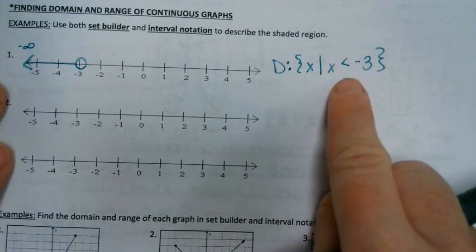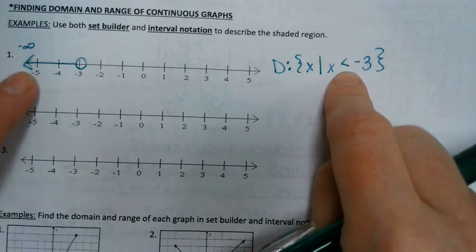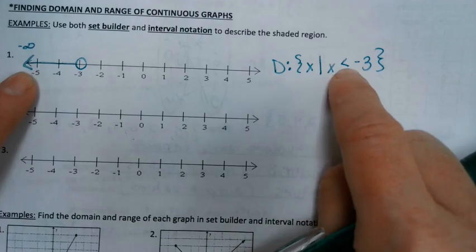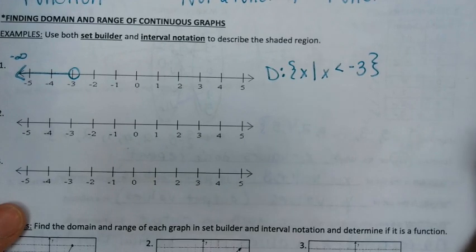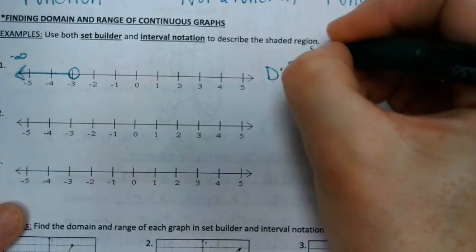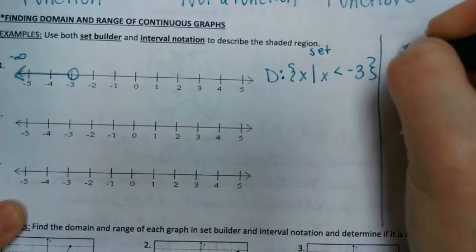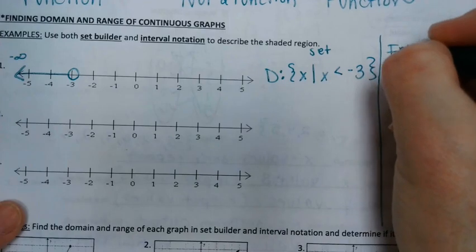Another way you can tell how to write your inequality is see how this inequality symbol and this arrow match. They're both pointing to the left. That's one way. All right, so that's domain. And this is called set builder notation. And so we're also going to do interval notation.